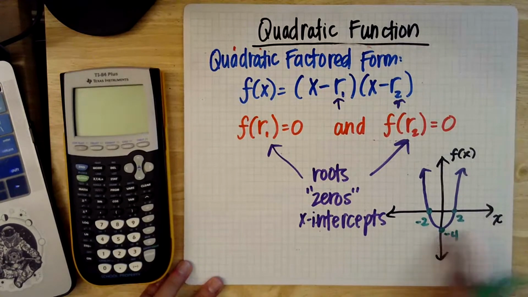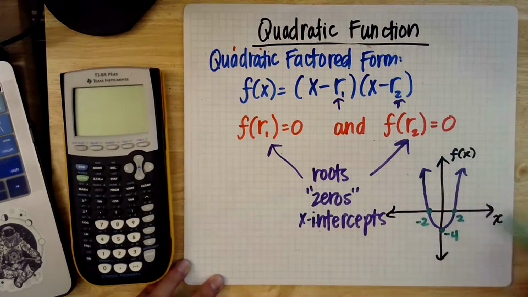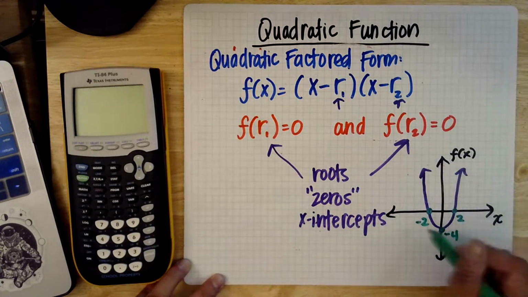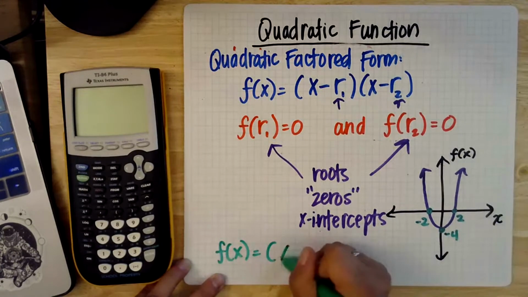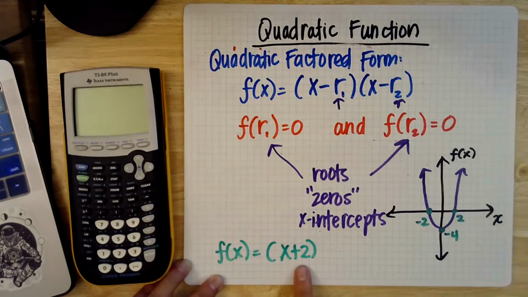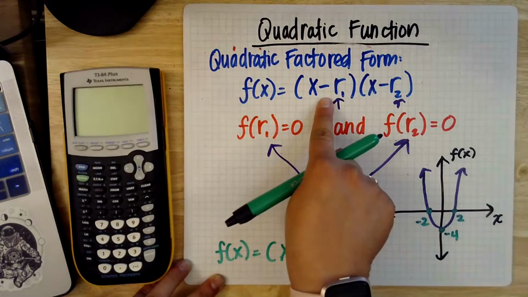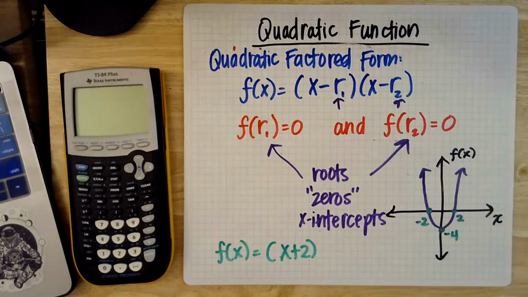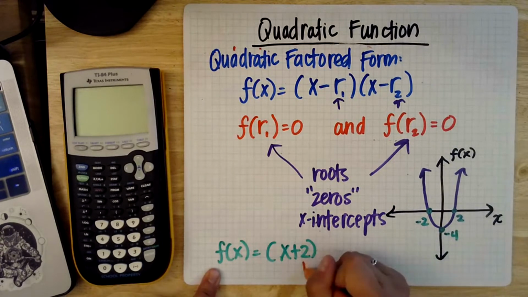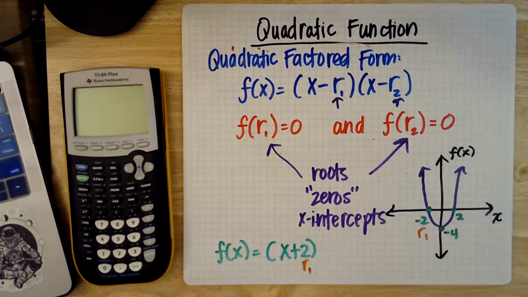Now, because these are my zeros, I know that for this one, f of x is equal to x plus 2. Remember, there's a minus here, so it's always going to be a difference analysis. This pertains to R1.